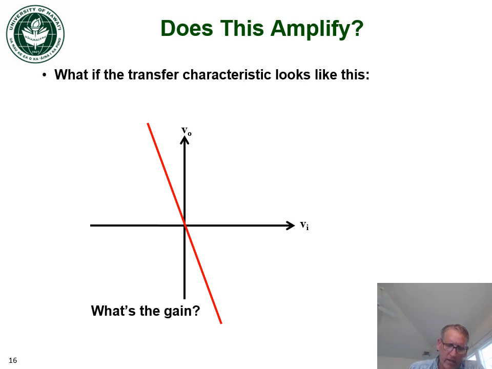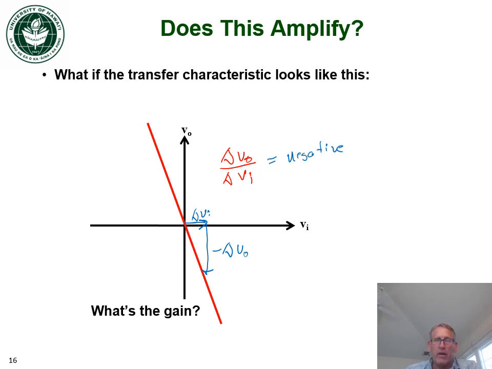Well, if we have a delta V_in, we get a negative delta V_out. So in this case, delta V_out over delta V_in is negative, but we still have gain. It's just that the gain is negative.